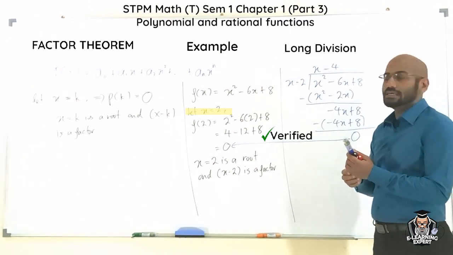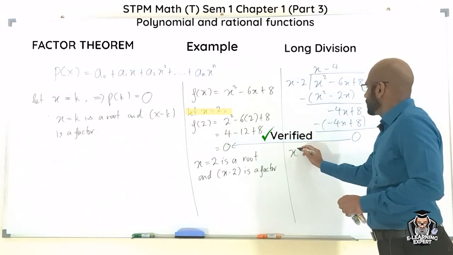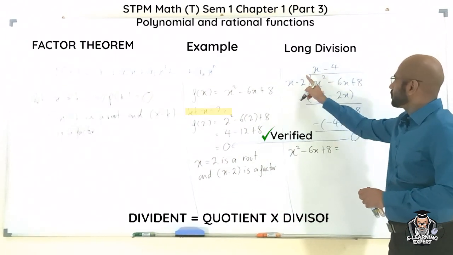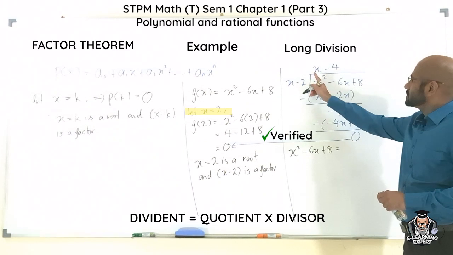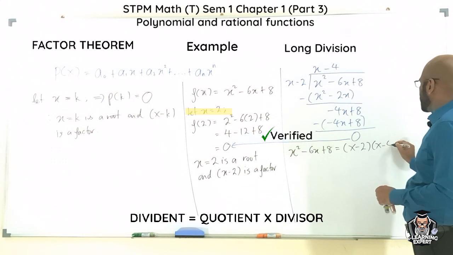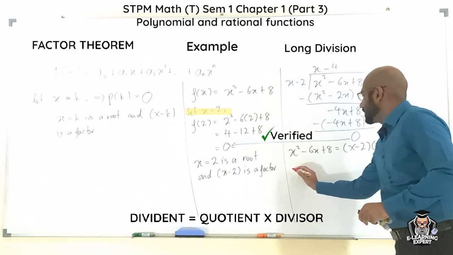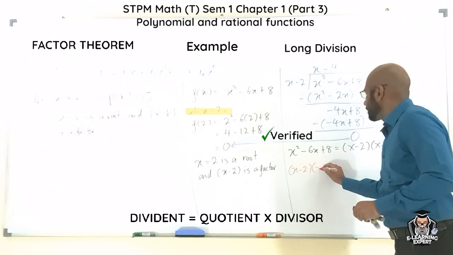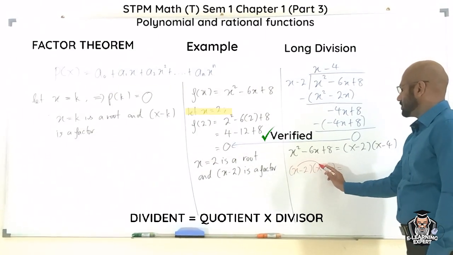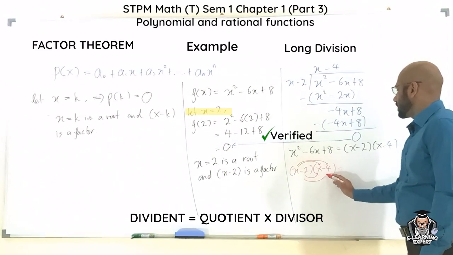So what happens over here, I told you this is a factor. That means the dividend, x squared minus 6x plus 8, can be written as a product of these two, the quotient and the divisor, x minus 2, x minus 4. Let's check. I'm going to take x minus 2, x minus 4, and I'm going to expand. So basic expansion, x and x, and 4, minus 2 and x, minus 2 and minus 4.